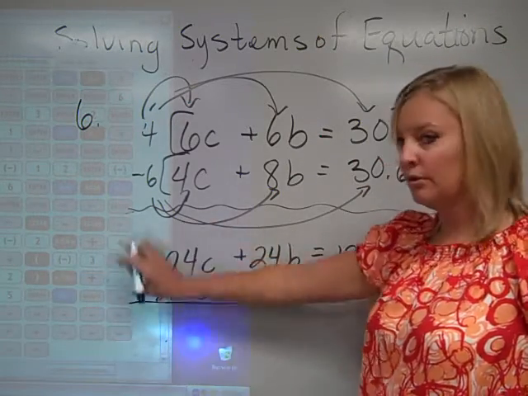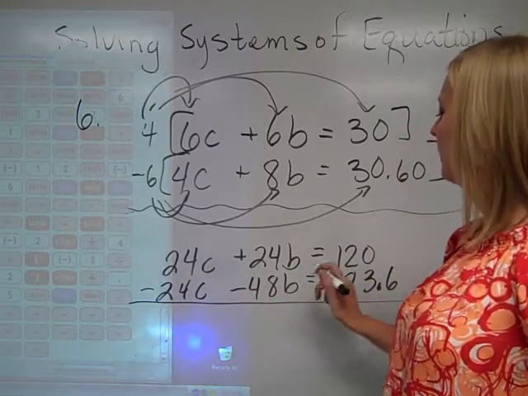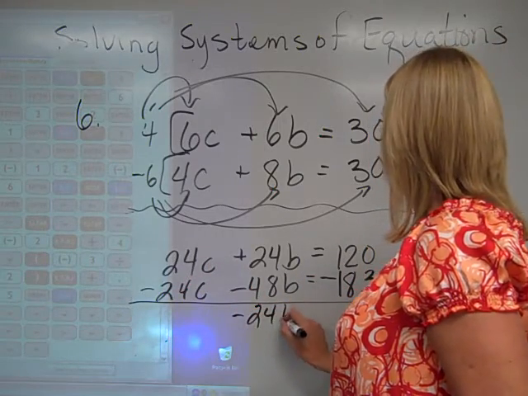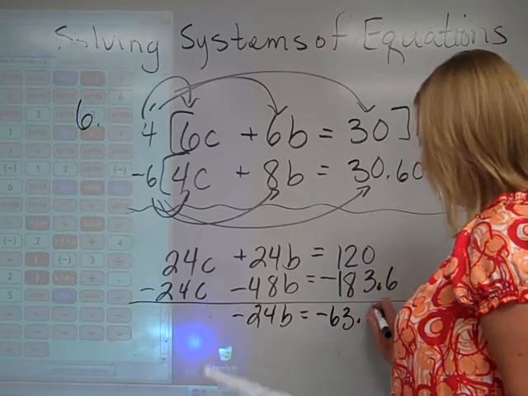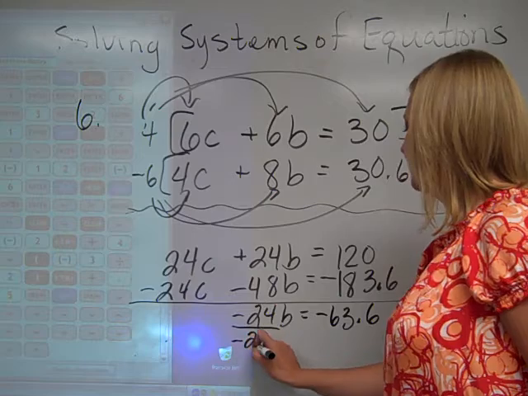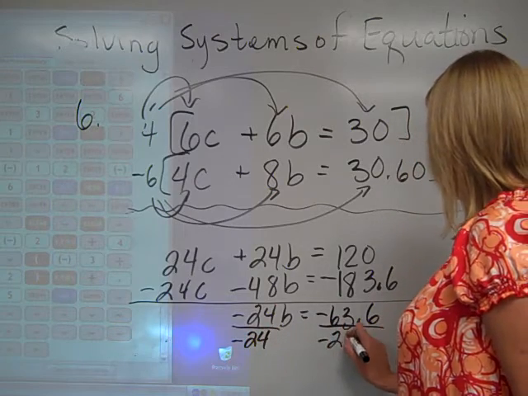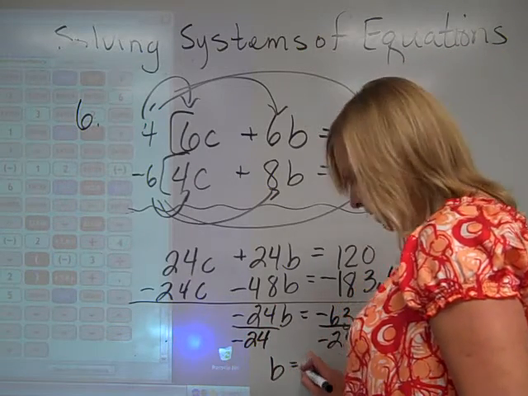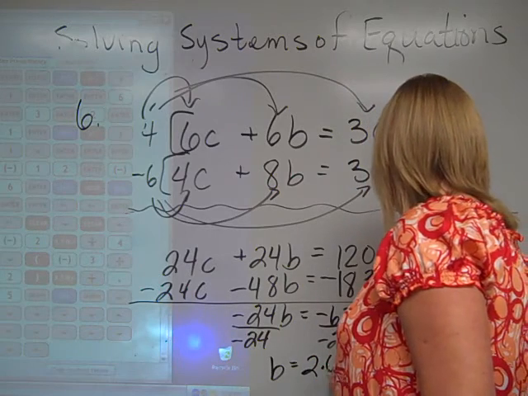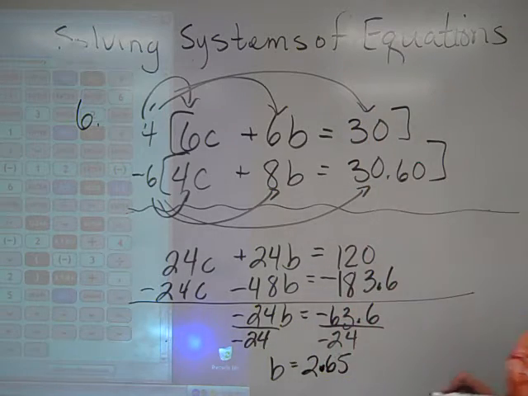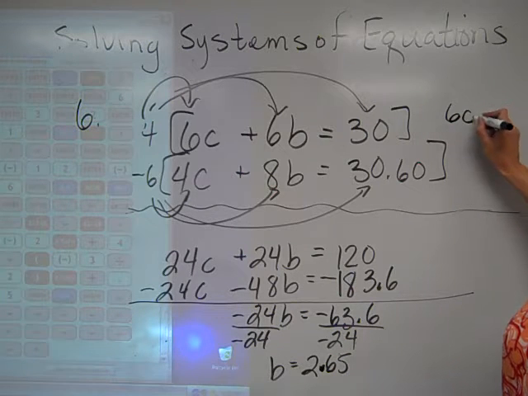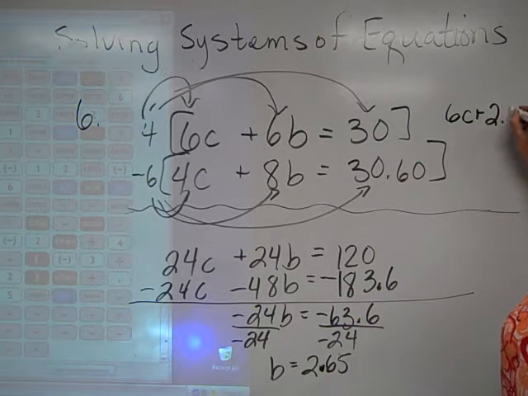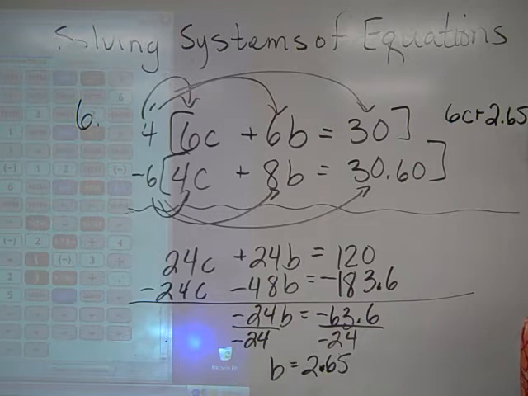This already adds up to 0, so we're just going to add. -24b equals -63.6. Divide both sides by -24. For the beef, it's going to cost $2.65. Now if we plug $2.65 back in, 6c plus 6 times 2.65 equals 30.